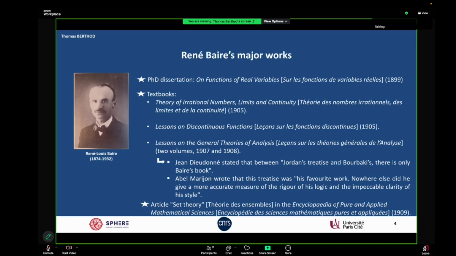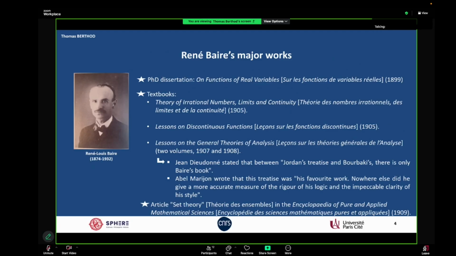He published several textbooks. You could see here three of them. One small one in 1905, and another one also entitled Leçons sur les fonctions discontinues, which was a course that he gave at the Collège de France just one year earlier, in 1904.